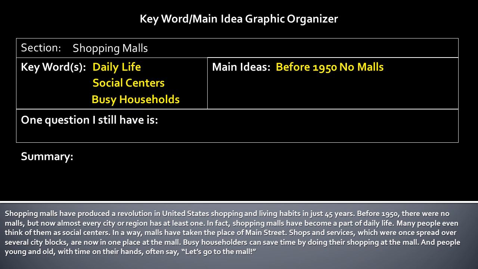Being the first enclosed mall has its advantages, especially in Minnesota. I mean, who wants to go shopping outside when it's cold? And by enclosing it and building these malls, or to be out of the rain even, this idea took hold. Because before 1950 there were none, and now every city and region has one.